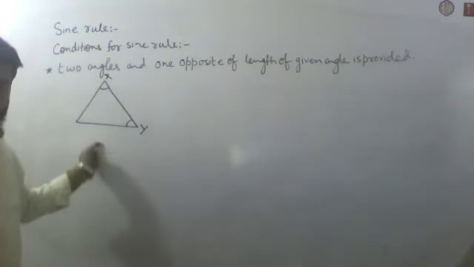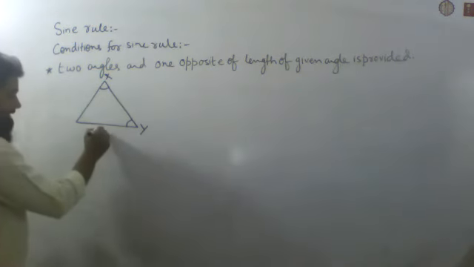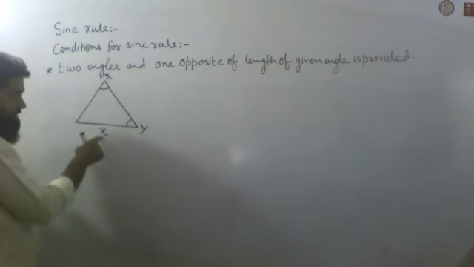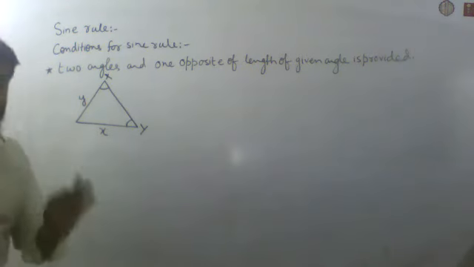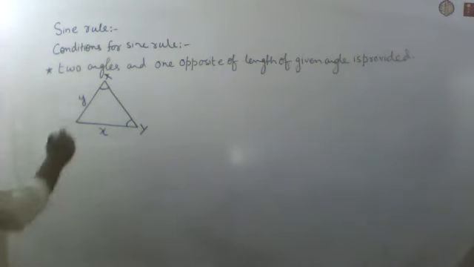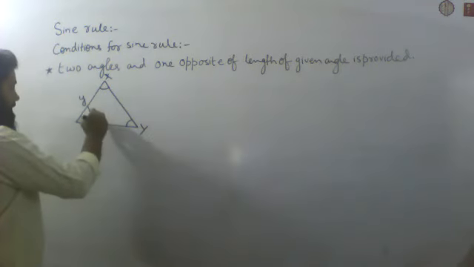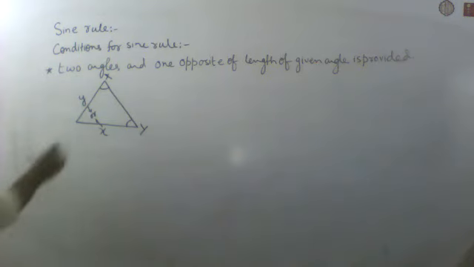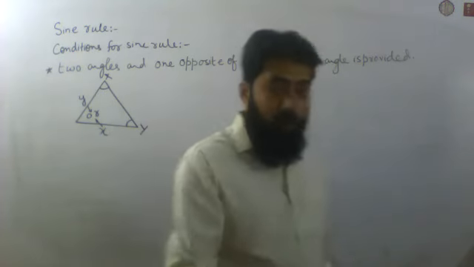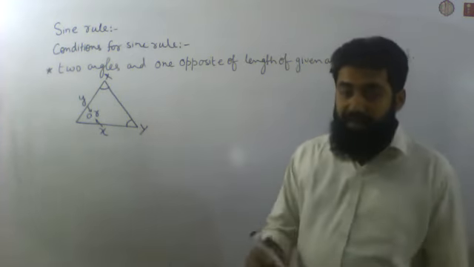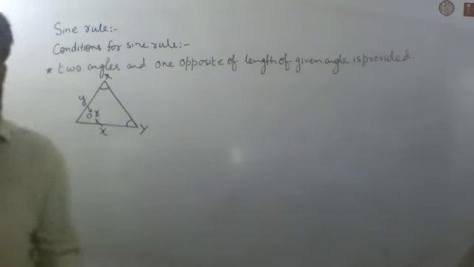Now, along with these 2 angles, if I have either the side opposite to X or the side opposite to Y, any one of the 2, then you can apply sine rule over here. So 2 angles and one side opposite to a given angle, if that is given, then you can apply sine rule.